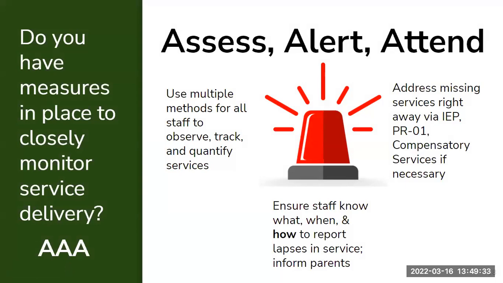So we want to make sure that you've got multiple methods for all staff, and that may include your non-certified or your non-credentialed staff as well, to observe, track, and quantify services, making sure that you've got a mechanism for doing that, for reporting and monitoring that. So that's the assess. And then the alert is make sure that everyone knows what and when and how to report any lapse in service.